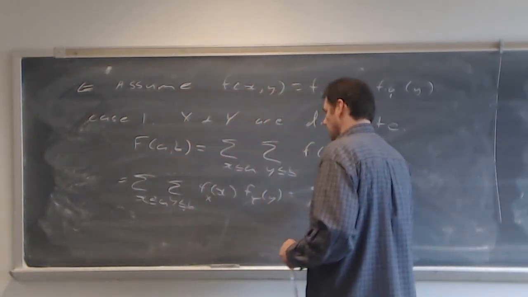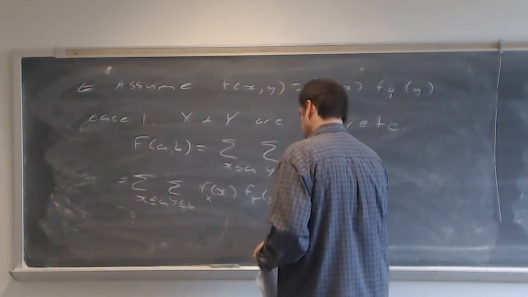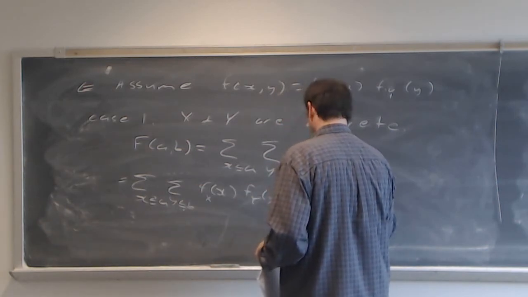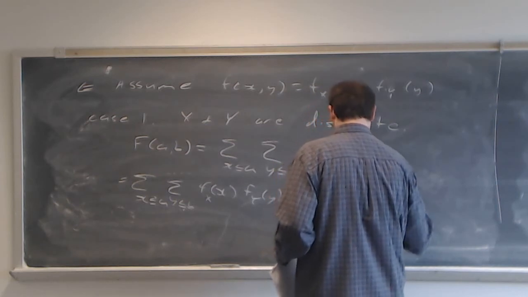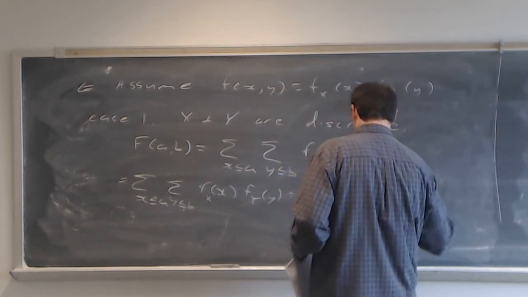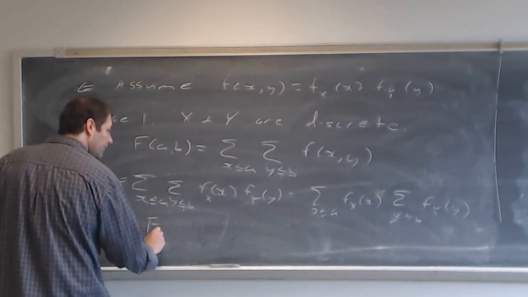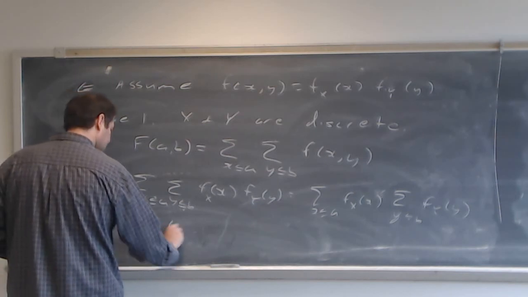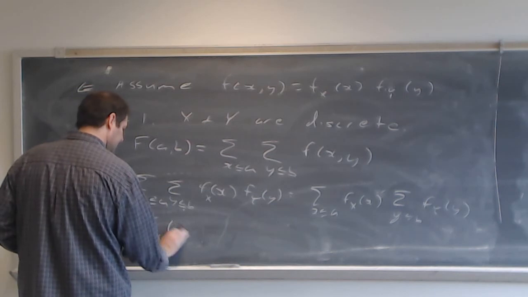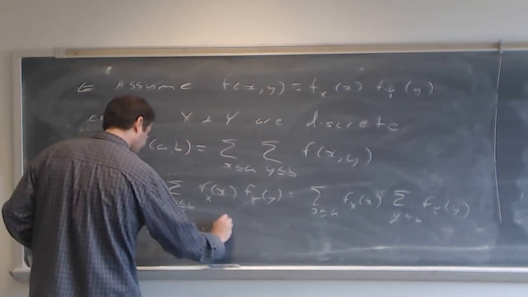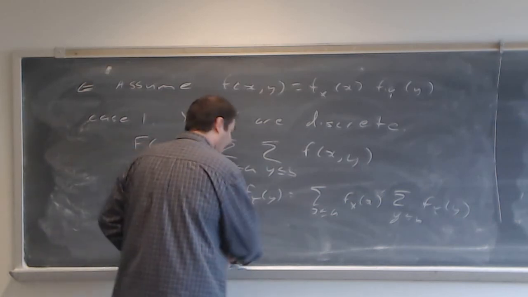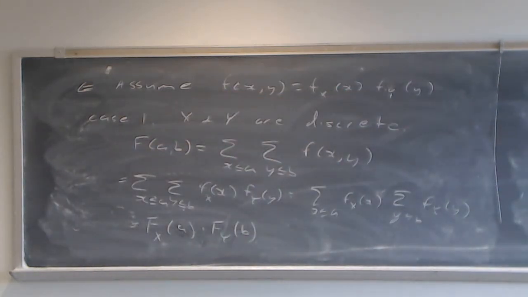Then we split those up into sums. Here I pull out the sum over x less than or equal to a of f sub X of x, times the sum over y less than or equal to b of f sub Y of y, and that's equal to F sub X of a times F sub Y of b. Finally, the last result.